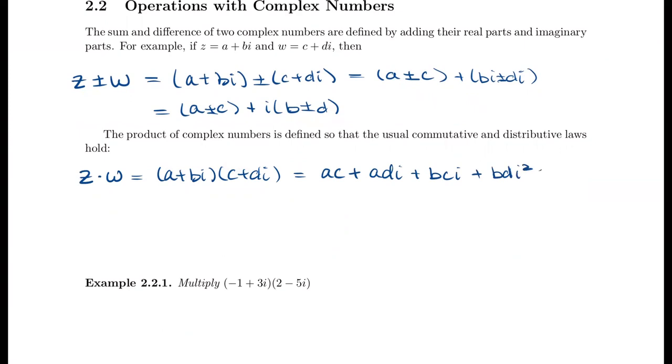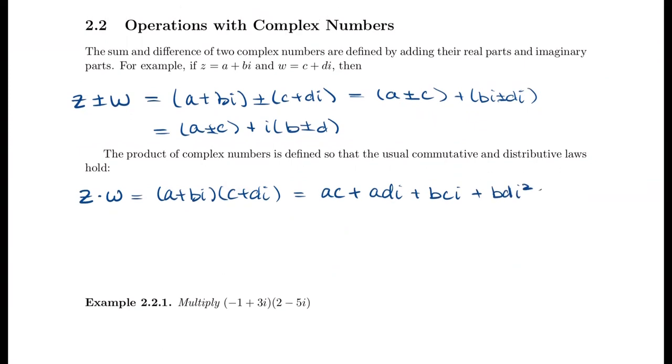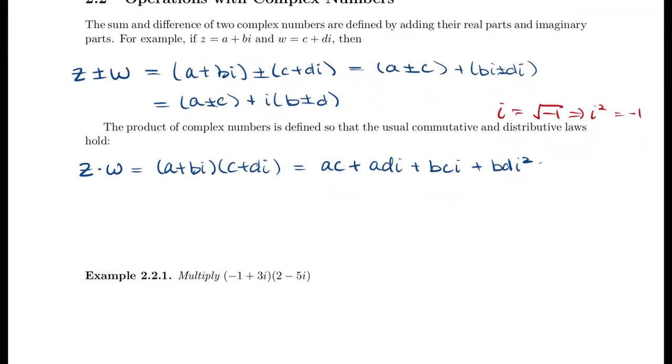Now here's one thing to note. If i is the square root of -1, then that means i squared has to be equal to -1 as well. So this i squared here is going to change to a negative. So what we would have is ac minus bd, and I'm going to group them together.